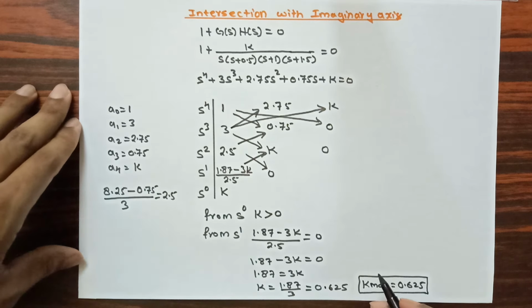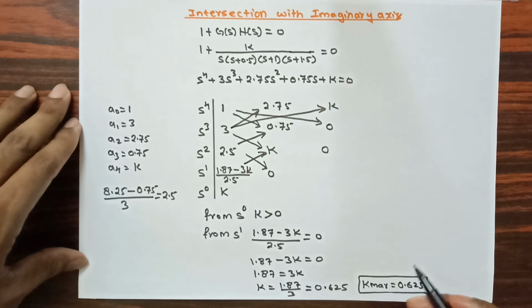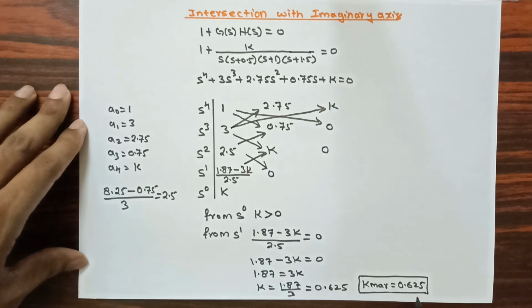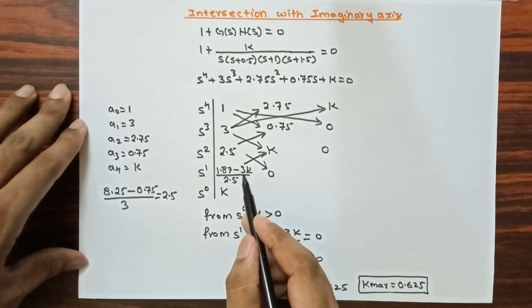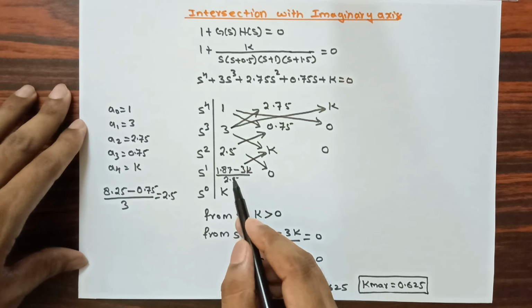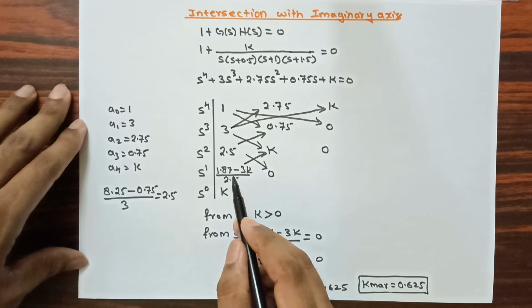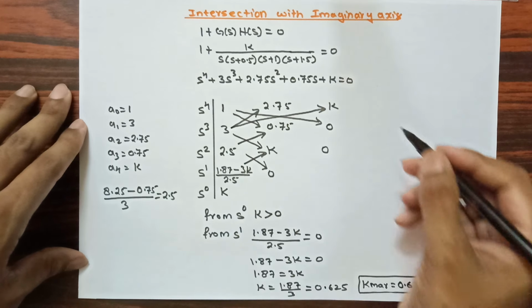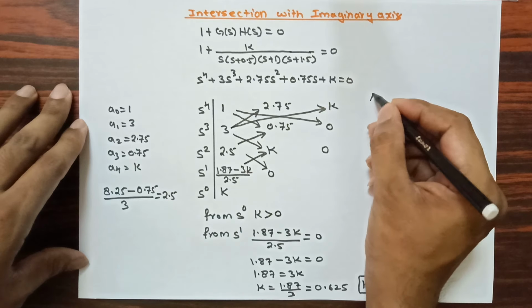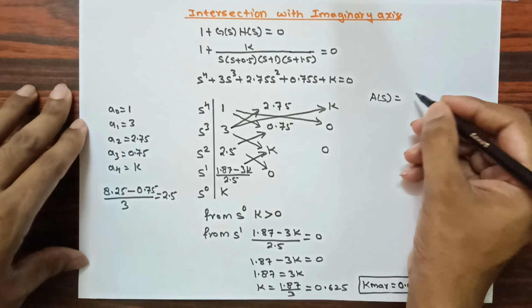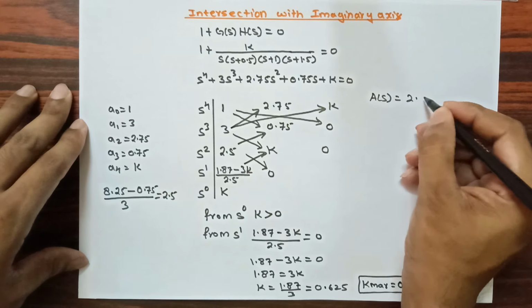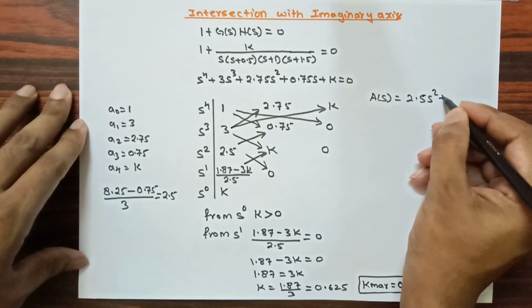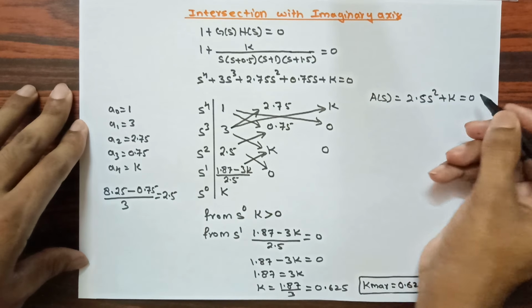Now next I am going to find the intersection value by using this k. For that I am going to substitute this k value in this equation. By that I will get this whole row 0, and the above row we are considering as an auxiliary equation. So by considering the auxiliary equation, A of s is equal to 2.5 s square plus k is equal to 0.